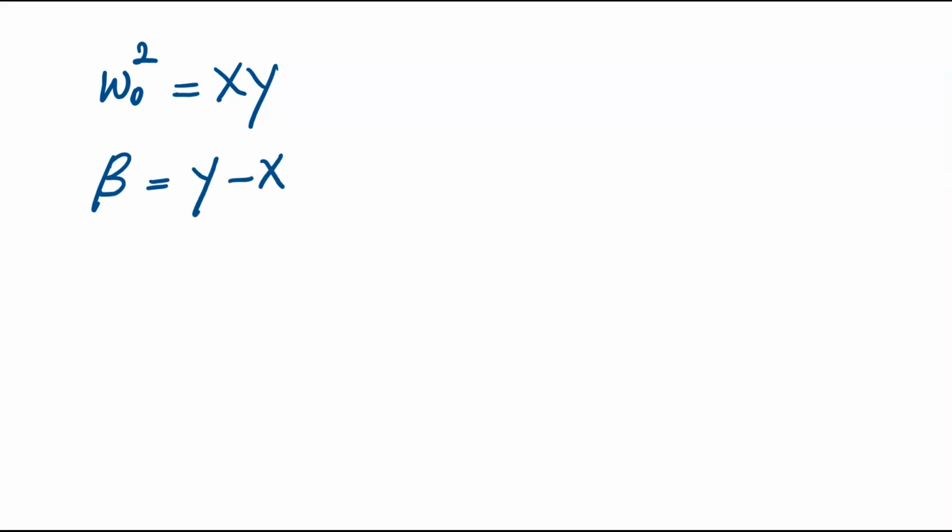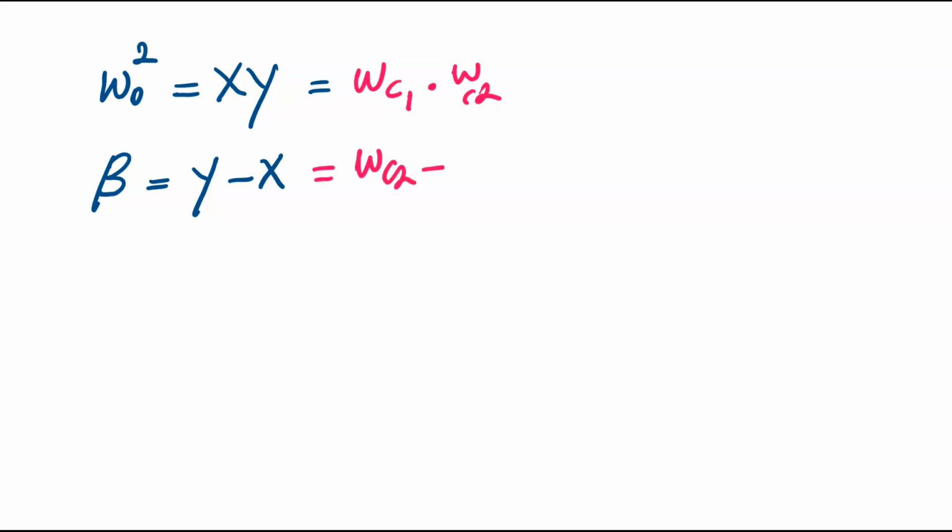Based on the transfer function, my omega naught squared is equal to x multiplied by y, and my bandwidth is equal to y minus x. And on the other hand, I know that omega naught squared should be equal to the result of multiplying the cutoff frequencies together, and beta should be equal to the difference of the higher cutoff frequency minus the lower one.